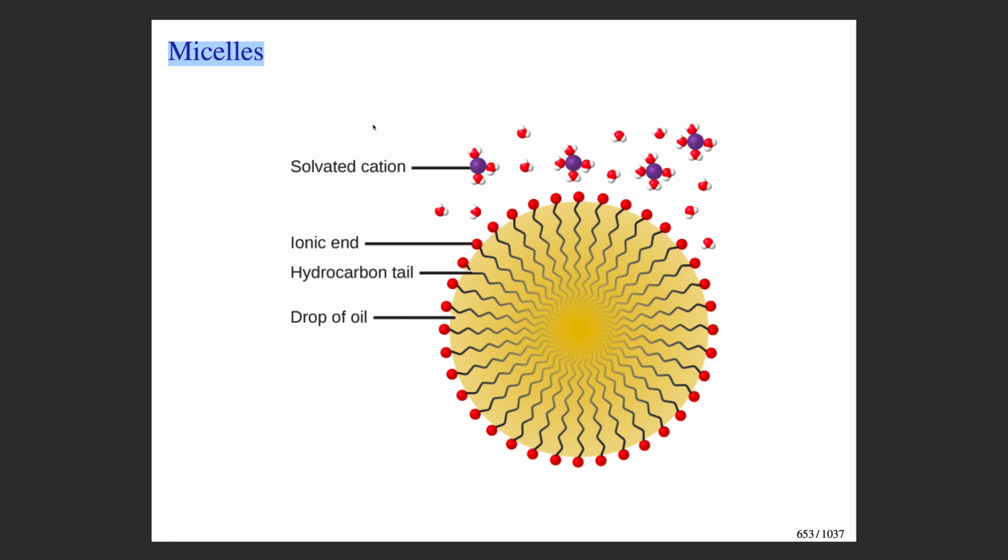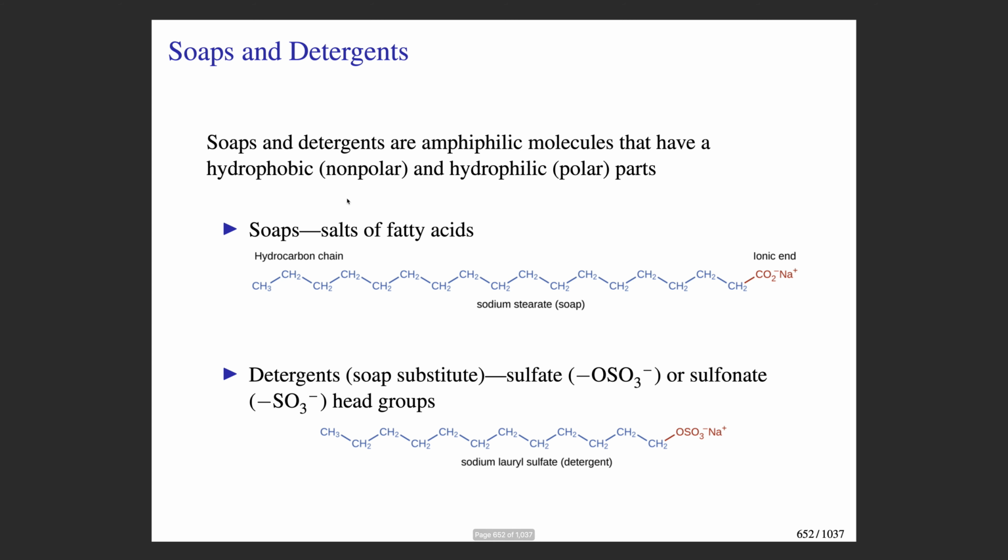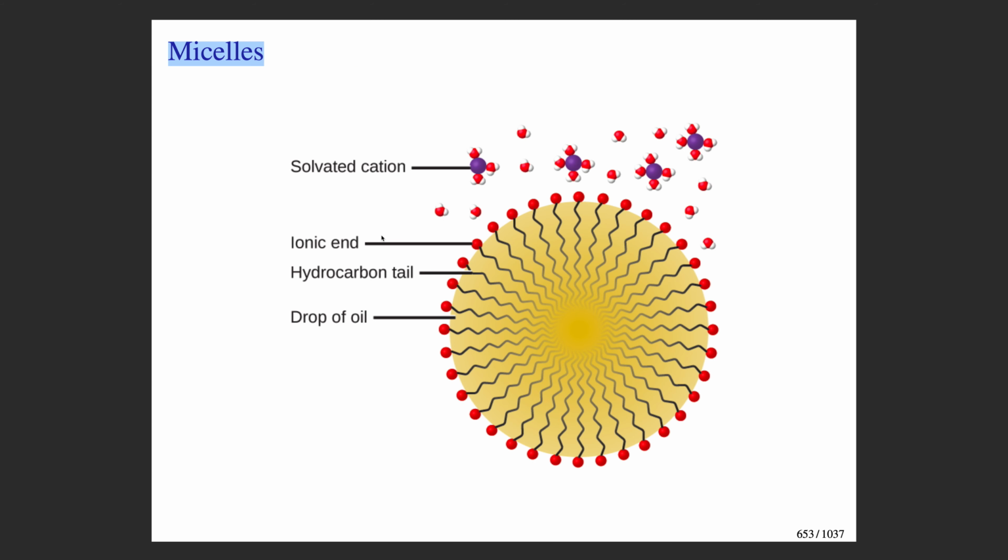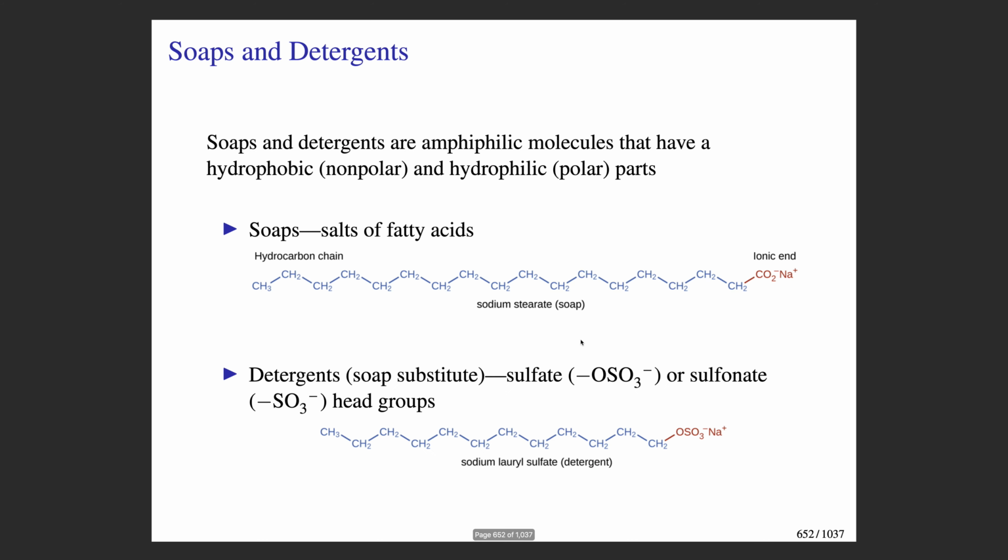Suppose you're trying to get some grease off your hands. You lather up the soap, and the grease, a nonpolar substance, will be attracted to the inside of the micelle, and the water will stay on the outside. Then you can rinse the micelles off your hands with the grease encapsulated in the interior of the micelle, which is pretty neat and useful.